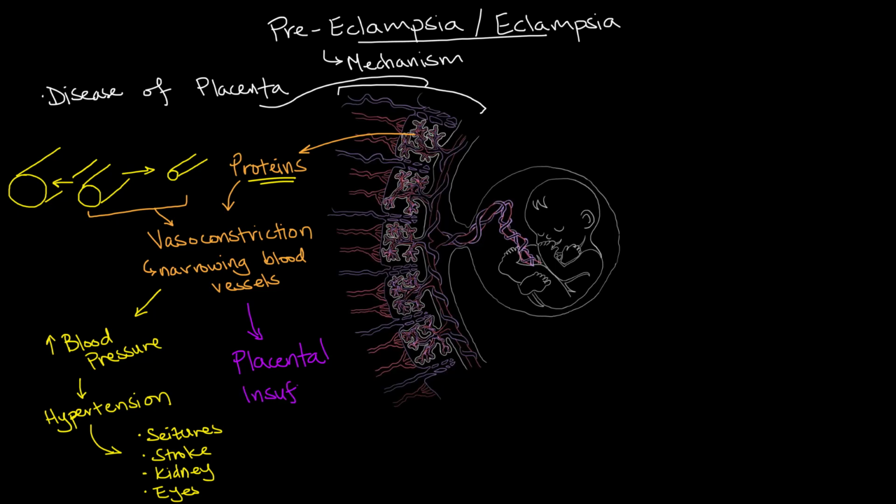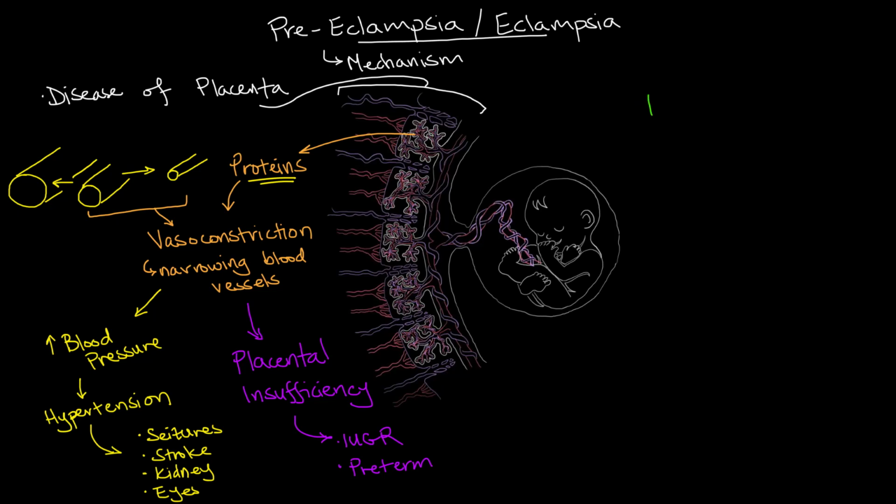This causes a lot of the side effects to the baby, like intrauterine growth restriction. It can even lead to things like preterm labor. But there are other reasons why you'd have a preterm birth in eclampsia or preeclampsia.